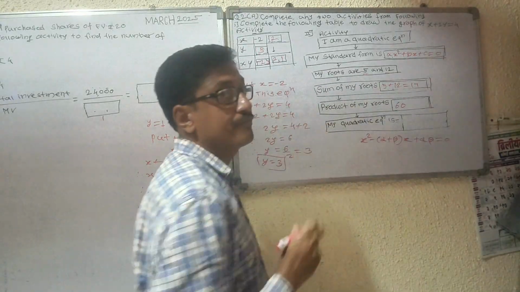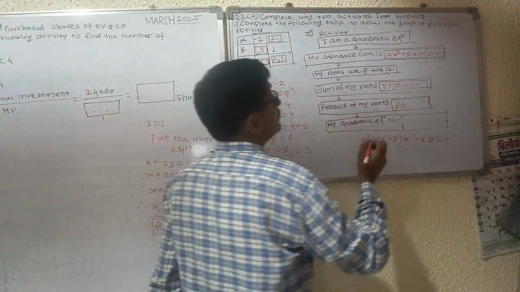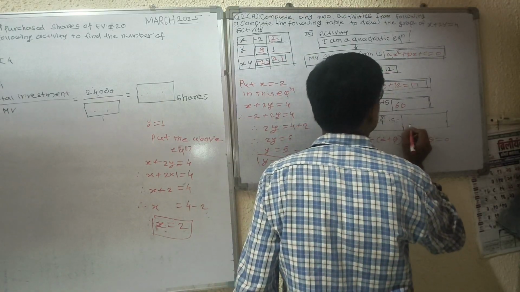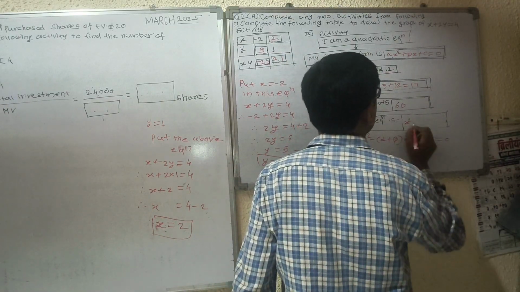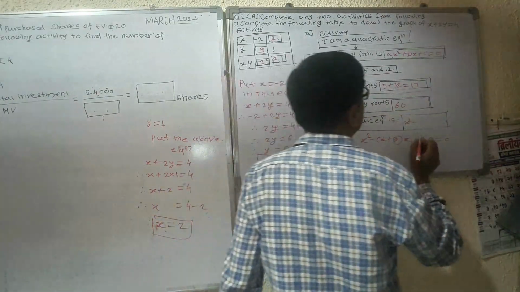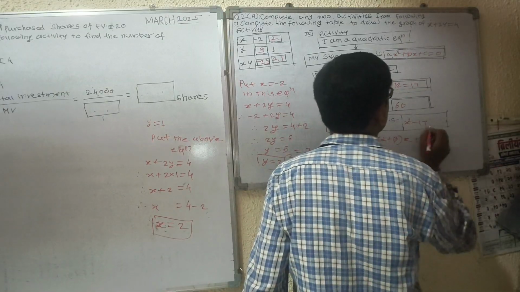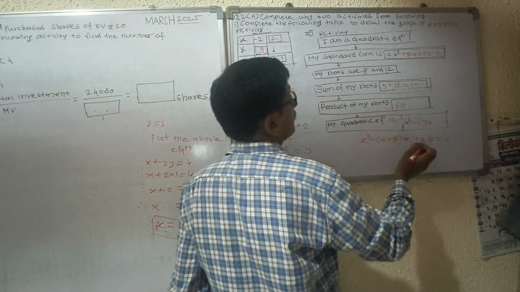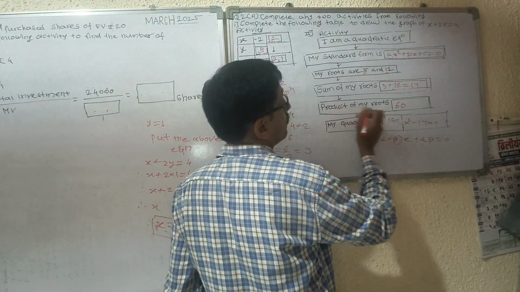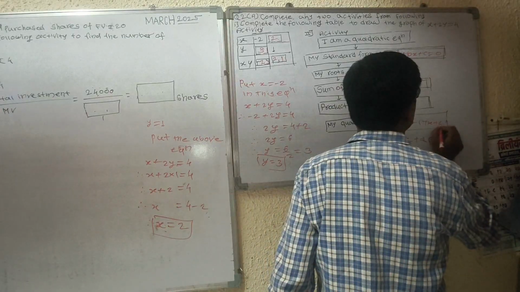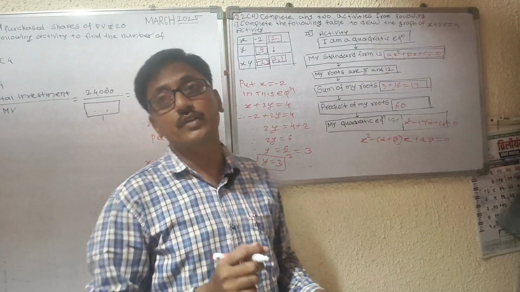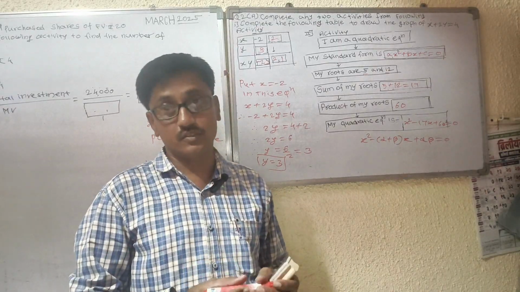So x square minus the sum of roots 17 x, plus the product of the roots 60, is equal to 0. We get the answer. Very easy. This is the activity.